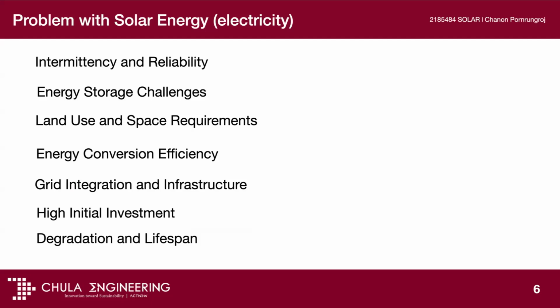And another problem is land use and space requirements. If you plot the amount of land that is required to make reliable electricity, solar energy in Thailand is enough, but for a country like Vietnam, where they don't have a lot of flat land, this becomes a problem, or the UK or Europe, where they have very limited space.